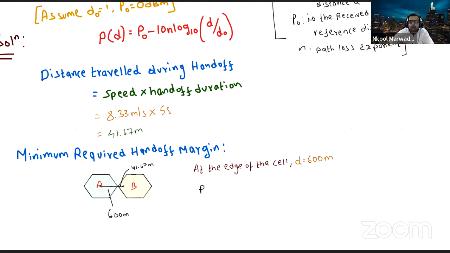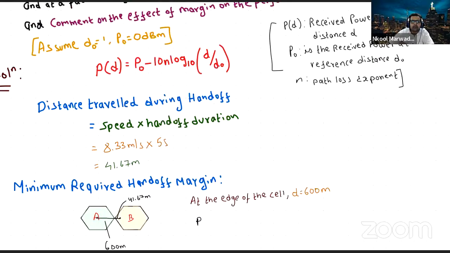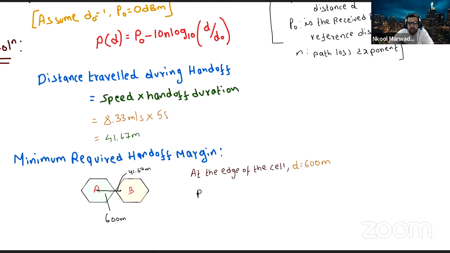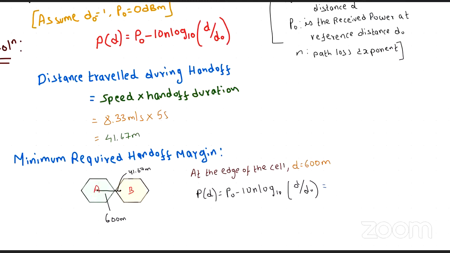What is P(d)? P(d) is the received power at distance d. So received power at the edge will be, according to the formula, P naught minus 10 n log base 10 d by d naught. Now with appropriate substitutions, what will I get? What is P naught? P naught is given 0.